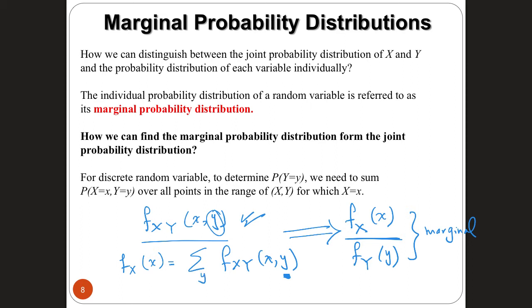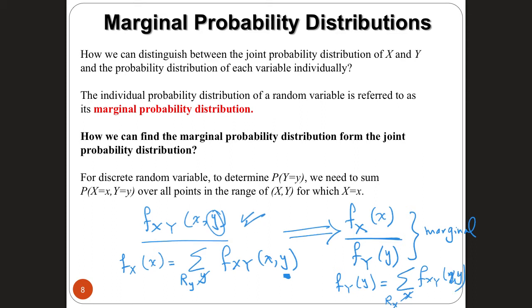Mathematically, we represent this by saying we sum over the region specified by the values of y, right? So this region is going to be across all possible values of x and y, but we sum over all possible values of y only, right? Okay. Similarly, if I want to get the fy of y from the marginal, then I sum over all possible values of x. We call this mathematically the region specified by x, but it means summing over all possible values of x, the joint of x and y, right?